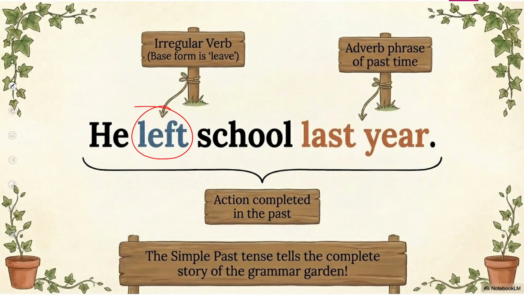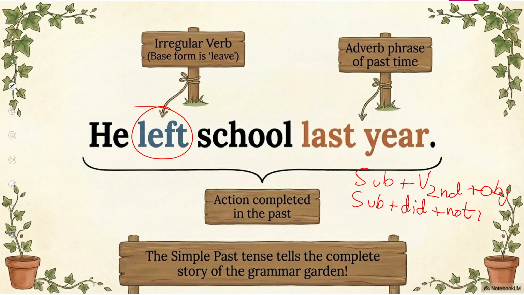Okay, bacho, let me tell you the formula of this. We have subject, second form of verb or past form, and object. Similarly, in negative sentences, we just use subject plus did as an auxiliary verb plus not plus first form of verb plus object.